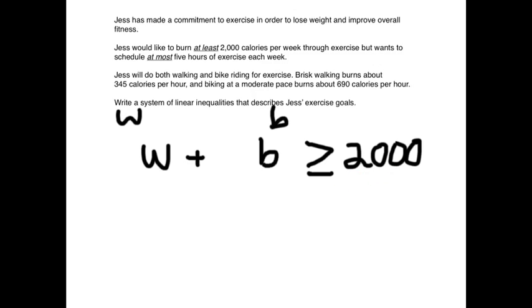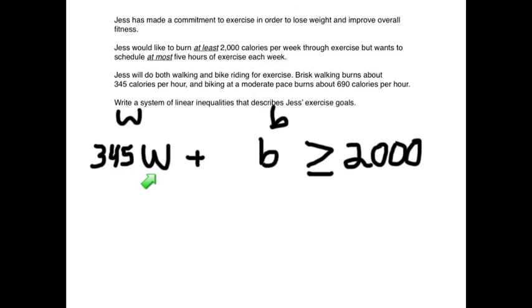So just looking at a problem situation, she will burn 345 calories when she walks. Please notice that this right here is the number of hours spent walking, and we're going to multiply that by 345 calories. That means that if she walks 1 hour, she'll burn 345 calories.